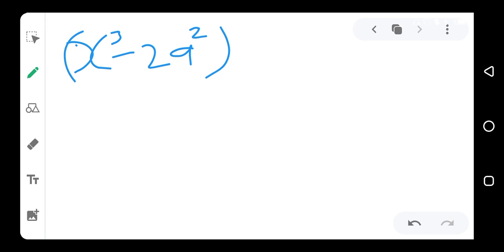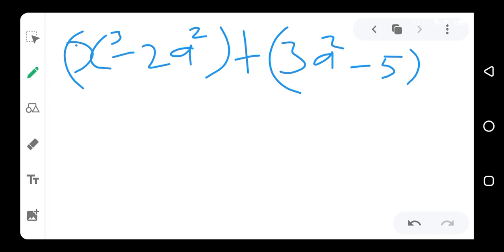We can have x minus x raised to power 3, minus 2a raised to power 2, plus 3a raised to power 2, minus 5.